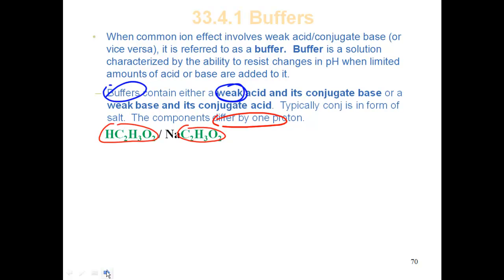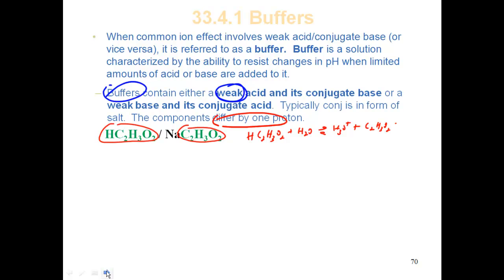Remember, if you write the equilibrium of your acetic acid, what we're looking for is the reaction with water and its conjugate base. If we write the reaction, the Bronsted-Lowry acid is going to donate the proton to the water, which then gives me C2H3O2 minus.